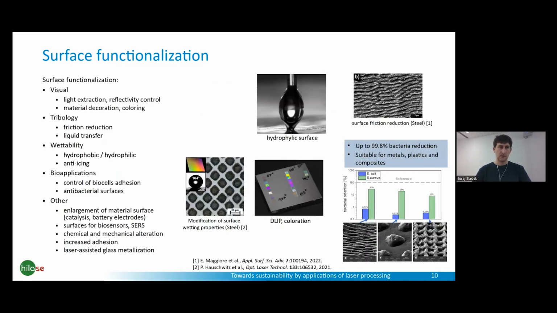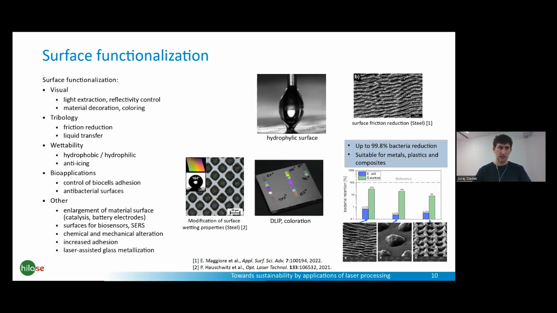A large part of the applications of laser processing is surface functionalization. There are many applications. For example, there's the visual: instead of putting some paint on the surface, we can make physical colors. We can then change the surface to enable or disable the reflectivity. So, coloration, and we have some structures to change tribology and decrease friction.